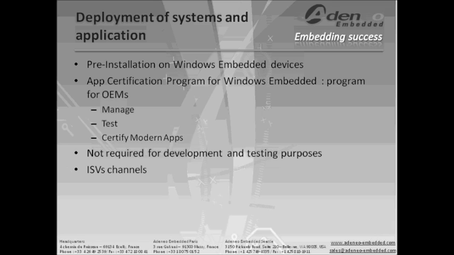This program is for OEMs, and it allows OEMs and their developer ecosystem to manage, test, and certify modern apps. Remember, modern apps are the applications based on modern UI and fully integrated on the Windows Embedded 8 desktop.